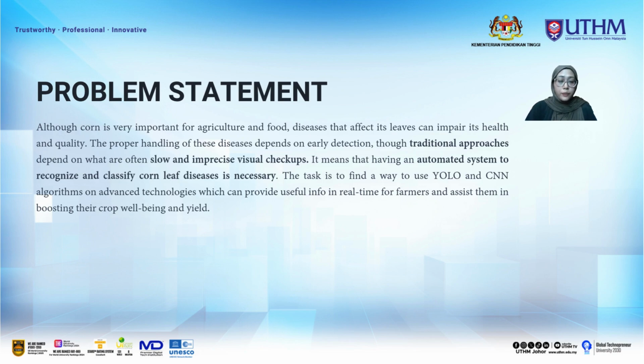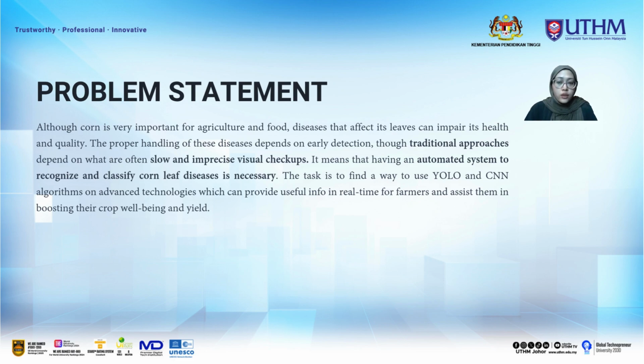For the problem statement, although corn is very important for agriculture and food, we know that diseases that affect its leaf can impair its health and quality. The proper handling of these diseases depends on early detection. Traditional approaches depend on slow and imprecise visual checkups. So we need an automated system to recognize and classify corn leaf disease.